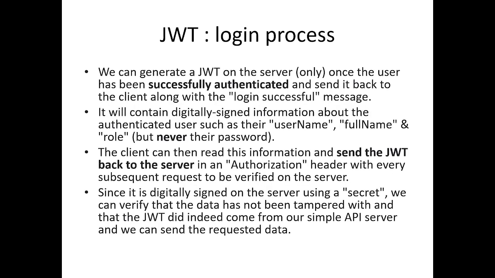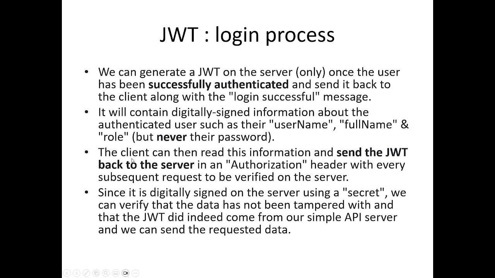When we look into the JWT login process, the idea starts from the time that we generate the JWT token once the user has successful authentication. Successful authentication means we compare the username and password with some data set, like the database itself. Once we have that, we provide the login success message or the token itself.